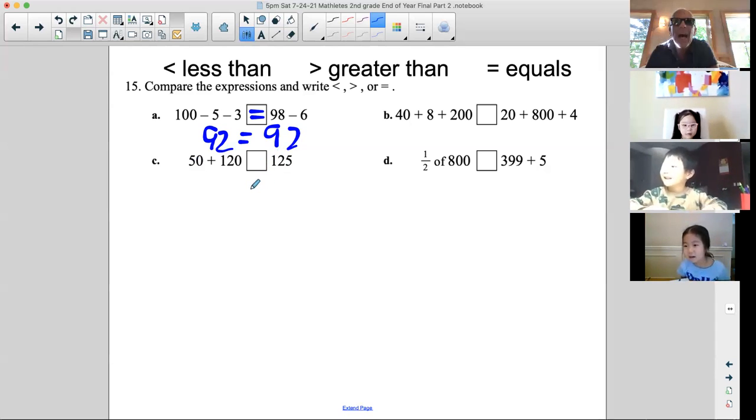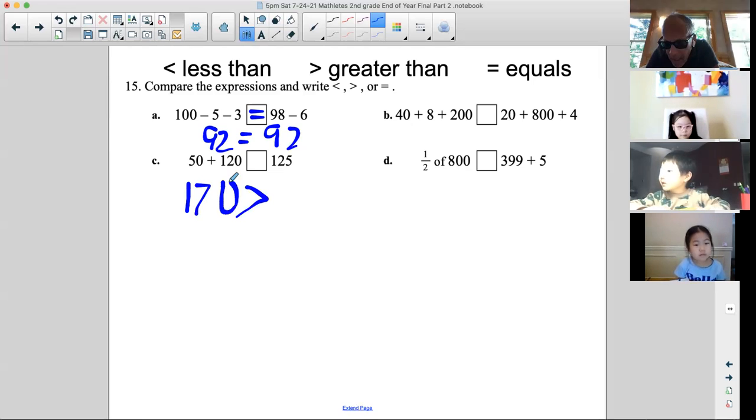Greater than. Much greater than. This is 170. This is 125. 170 is greater than 125. And that's why the symbol is a greater symbol.